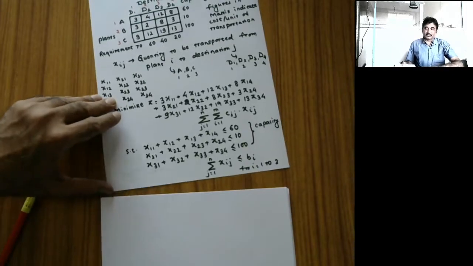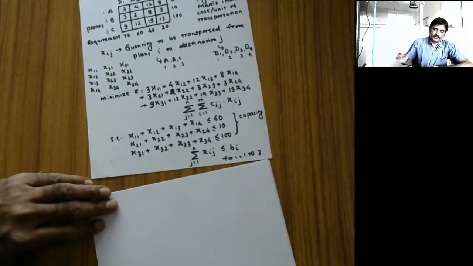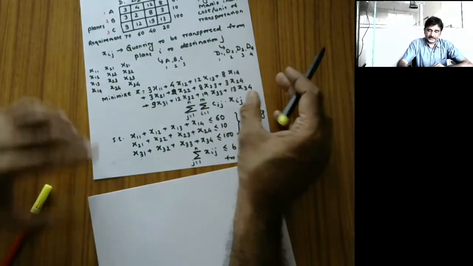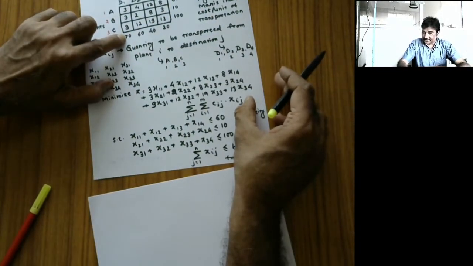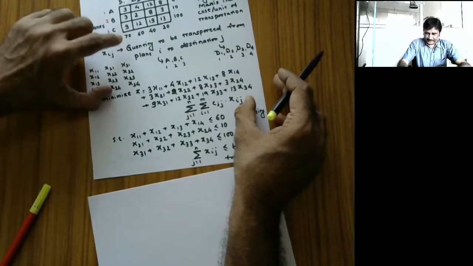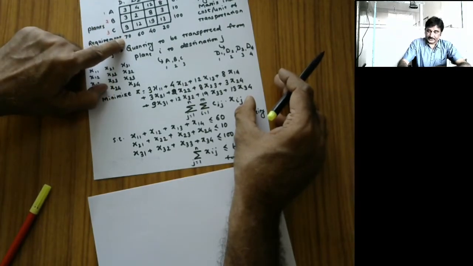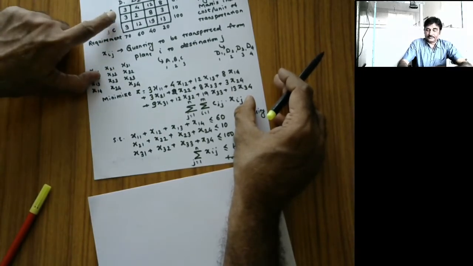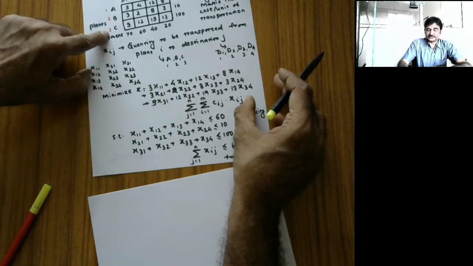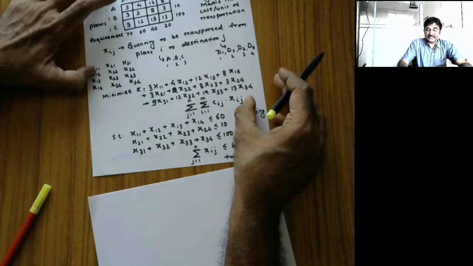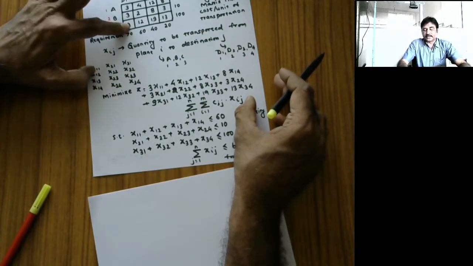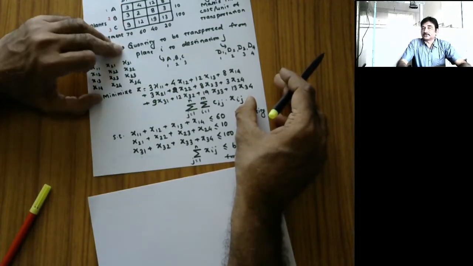Now the second group of constraints will be about requirements. Every destination requires a certain specific minimum quantity. For example, D1 requires 70. Where is D1 getting its supply from? It is getting it from A, that is 1, B, that is 2, and C, that is 3. So summation X11 plus X21 plus X31 has to be greater than or equal to 70.